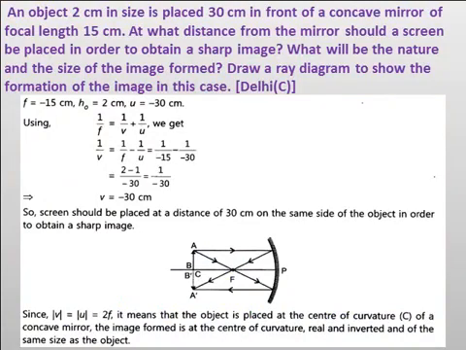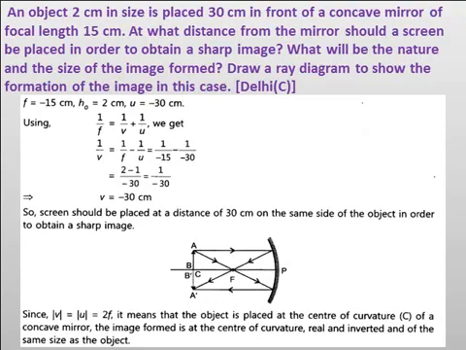Children, now let us look into the next question. An object 2 centimeter in size is placed 30 centimeter in front of a concave mirror of focal length 15 centimeter. At what distance from the mirror should a screen be placed in order to obtain a sharp image?